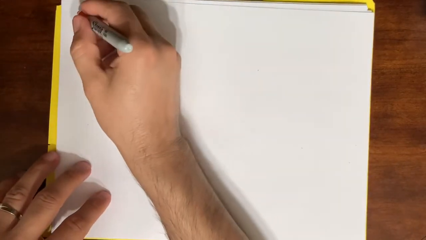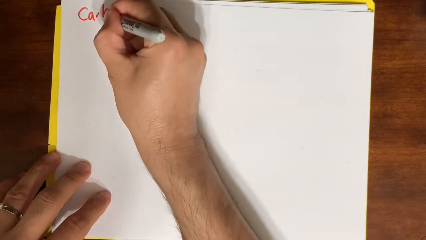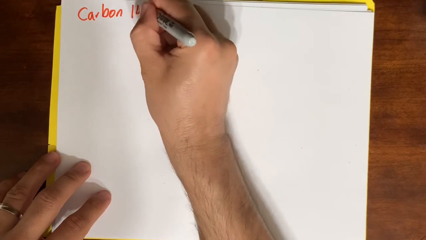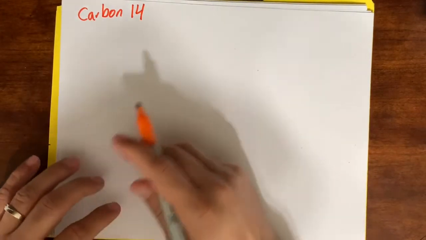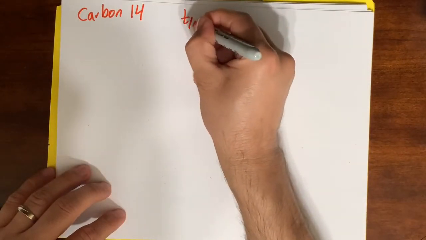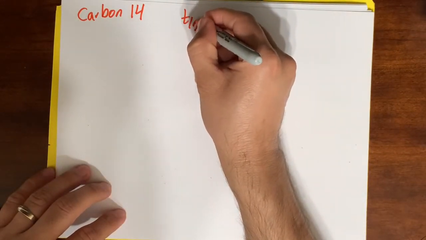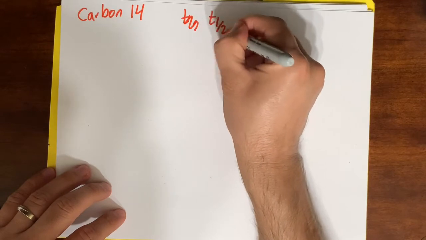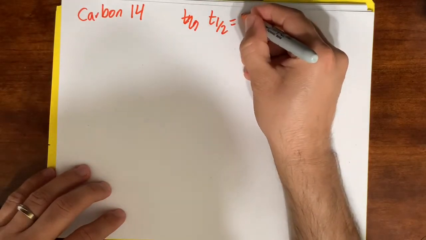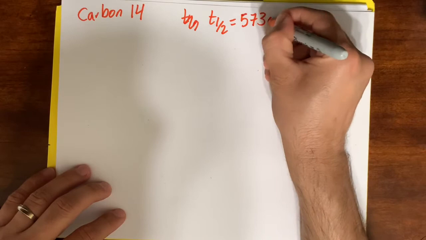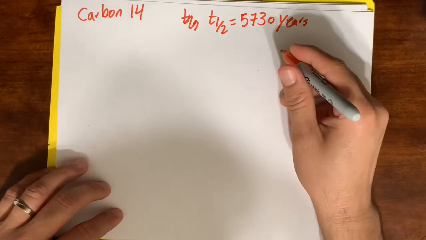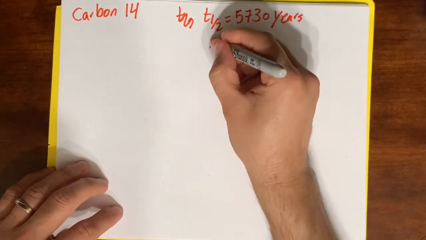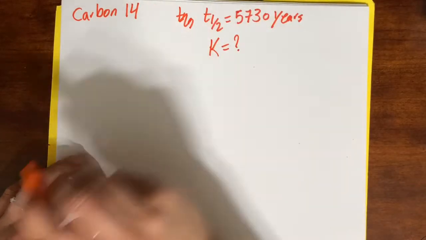Okay, half-life for carbon 14, t half-life, is equal to 5730 years. Okay. So now find k. We need to figure out k.